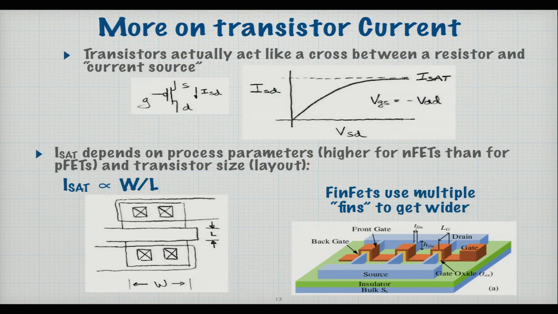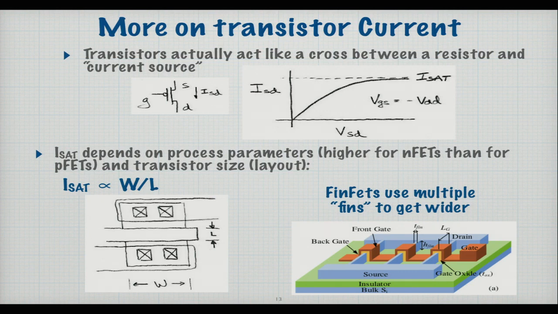As I said the other day, usually we make the length minimal, and then we just design transistors of different strengths by using transistors of different widths. You can think of this as putting multiple transistors in parallel, and they all work together, so you get to add up the current of all of them.